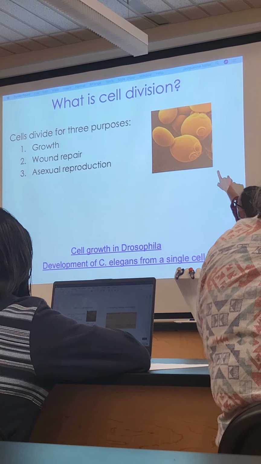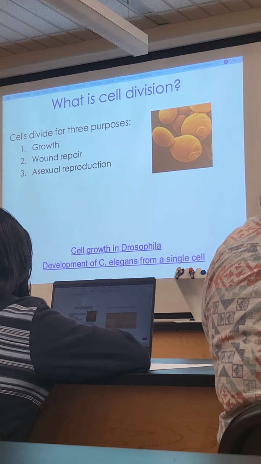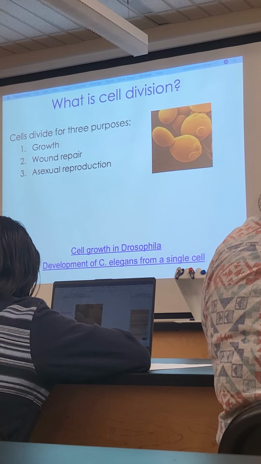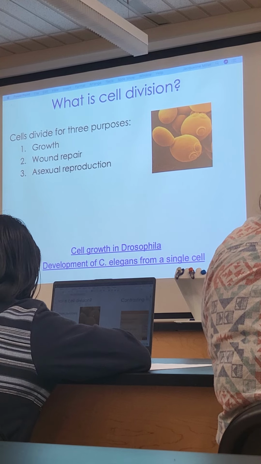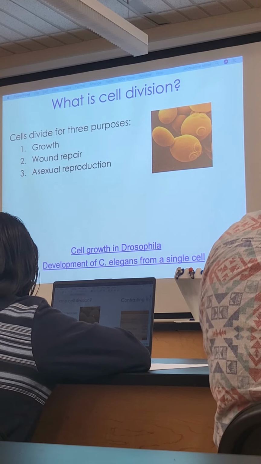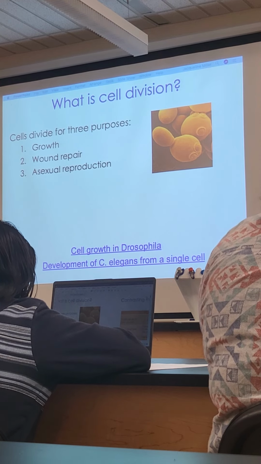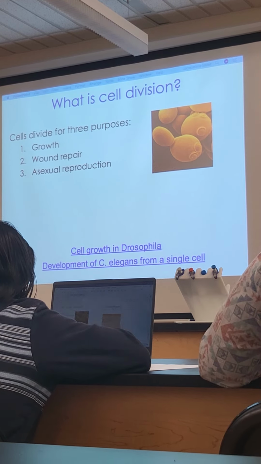So cell division is the way that some organisms actually divide or reproduce. This image right here, does anyone recognize what that is? It's a scanning electron micrograph, so it's obviously zoomed way in. Nobody knows what it is? It's used to make bread and beer, yeast.